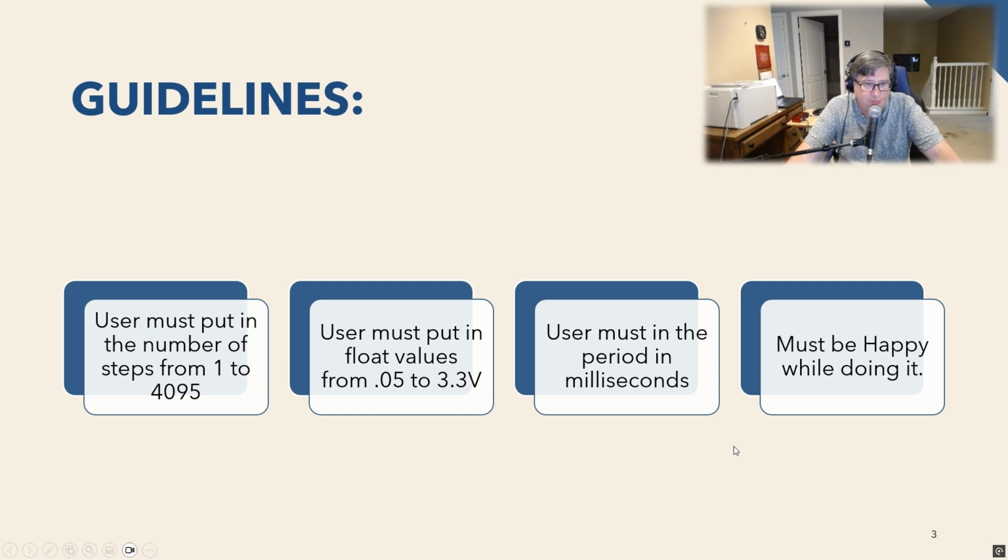You must put in a value in the steps from 1 to 4095. I had to learn that it's 2 to the n minus 1. When you put in 4096, it'll flatline. You must put in float values from 0.05 to 3.3. The user will put in the period in milliseconds, and he must be happy while doing it.